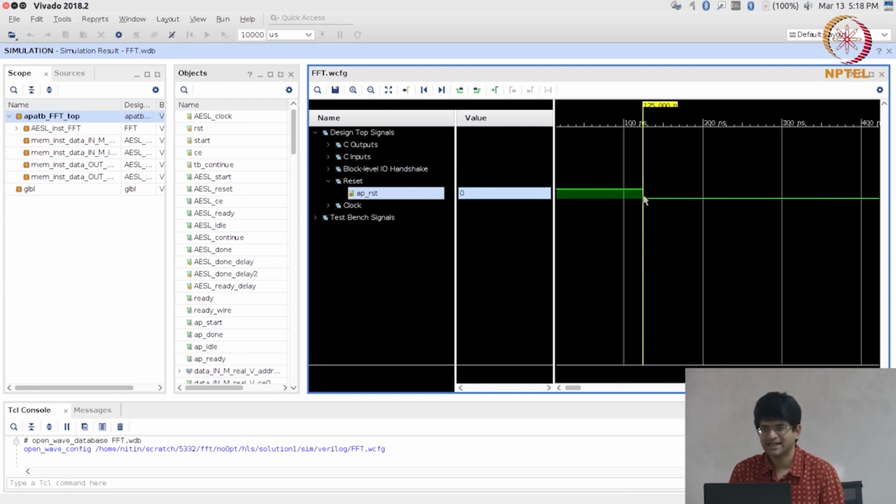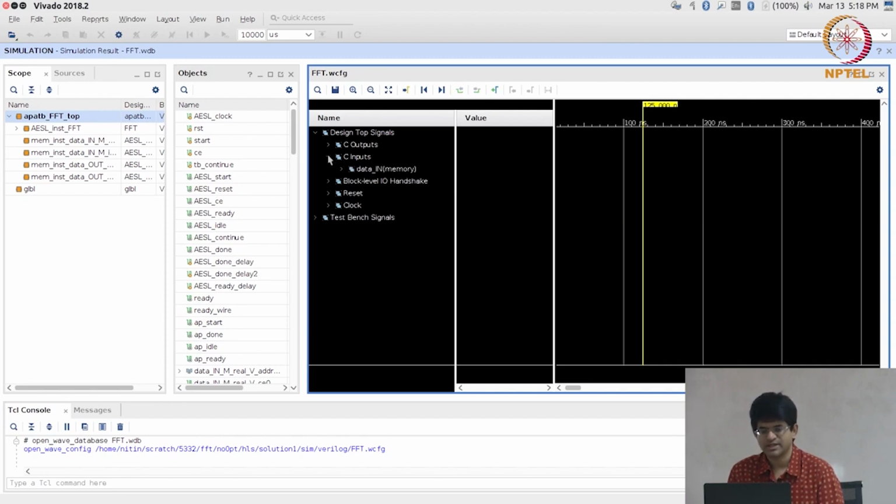Okay. This is an active high reset, so during the time that it is high, the module that you generated is being reset. Why is it for 100 nanoseconds? That's just some standard that they use. They want to make sure that if at all there is some kind of a synchronous reset that requires multiple clock cycles, everything will get reset properly. Okay. Again, you don't need to worry about this.